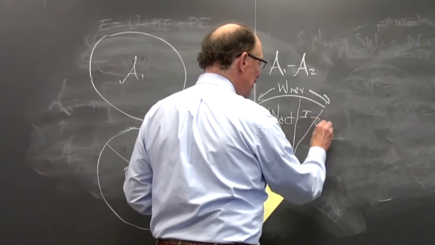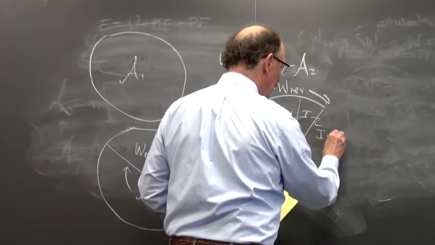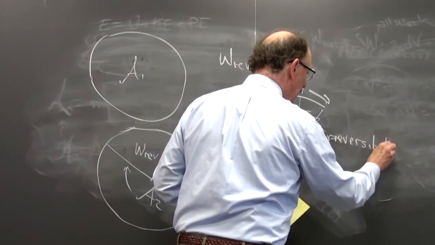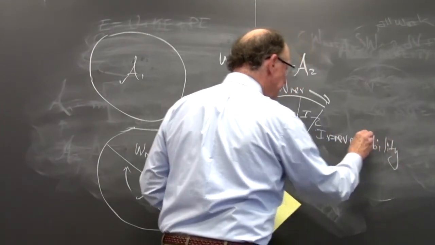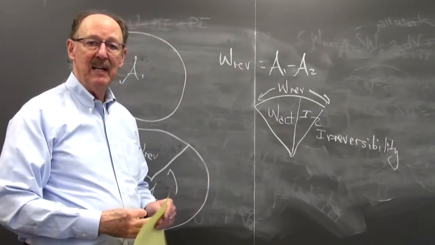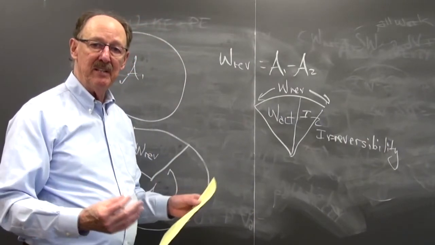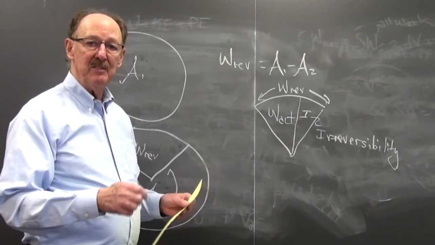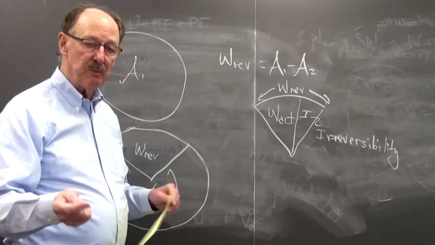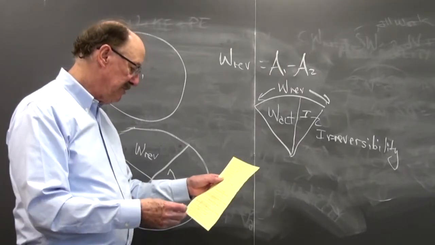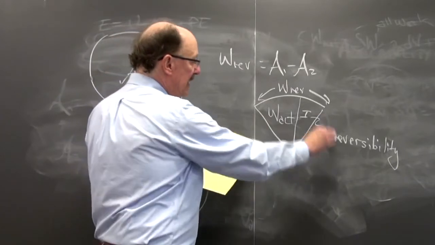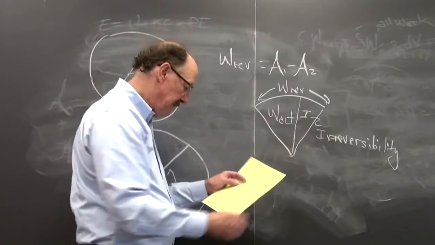This is the irreversibility. So the irreversibility is work potential that is lost because of friction, and other irreversibilities such as temperature differences between the system and the surroundings. So all those things come into play. And so we're introducing this idea of irreversibility now.